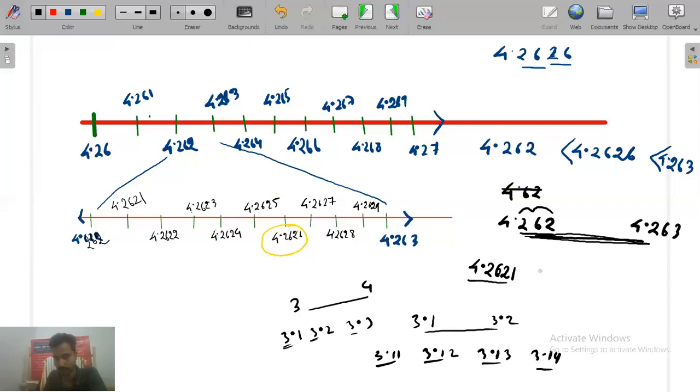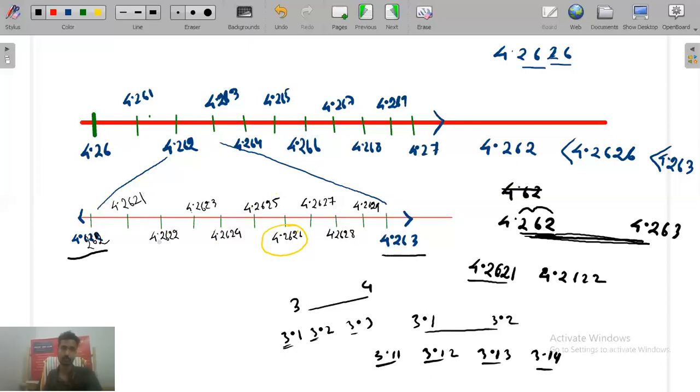Next part will be 4.2622, like this. That's why it will be 4.262. You are asked to divide the distance between 4.262 and 4.263 into 10 equal parts. So the first part will be 4.2621. This part will remain same.